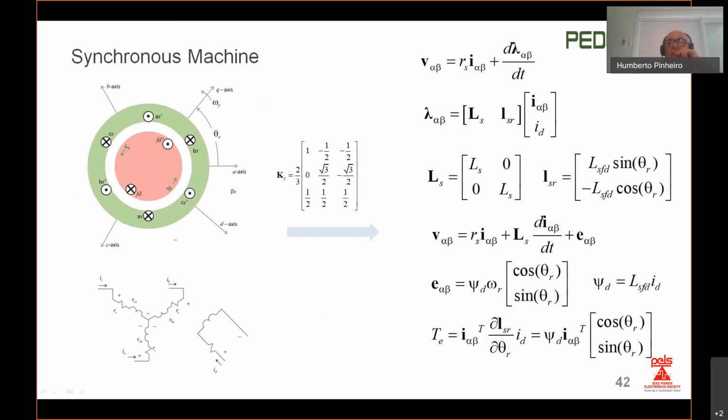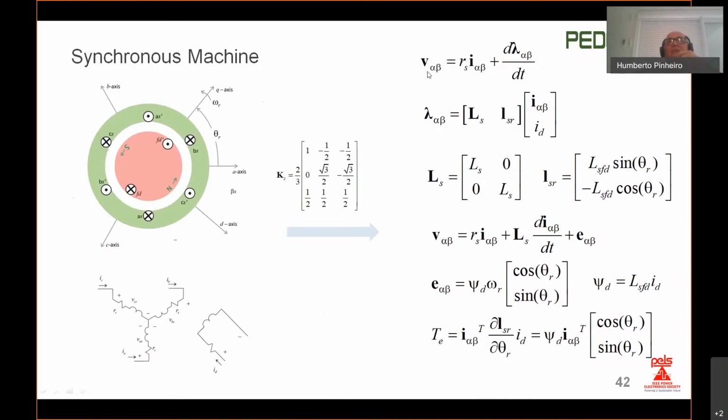It's common to represent the machine in an orthogonal frame, here called the alpha-beta frame. So we apply the Clarke transformation, and then we have the machine in the alpha-beta frame. The voltage equations have a resistive drop that you can consider very small.